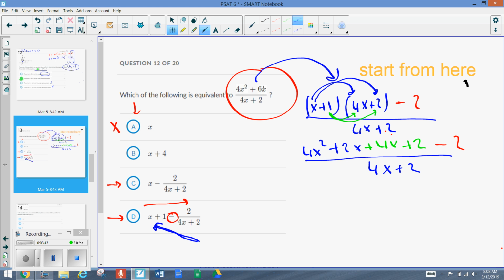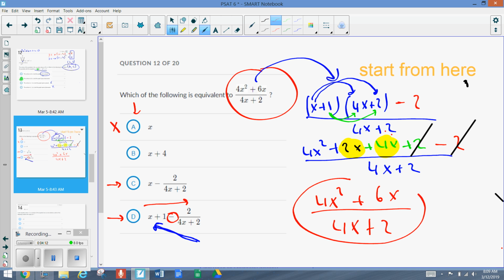Again, is that equal to the original expression? We're going to be adding like terms, 2x and 4x, correct? There you go, and then the 2's are canceling out. So let me write the answer. 4x squared, 4x plus 2x equal to 6x, as you said, 2's cancel out.